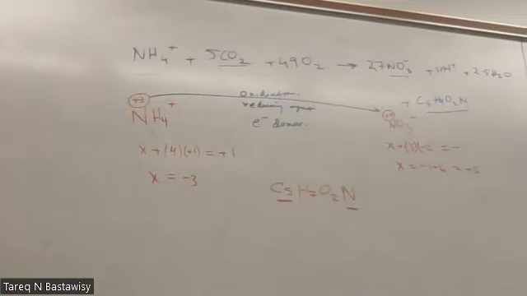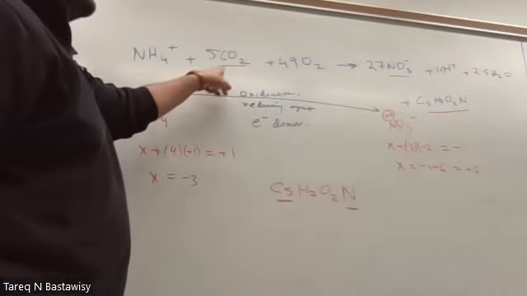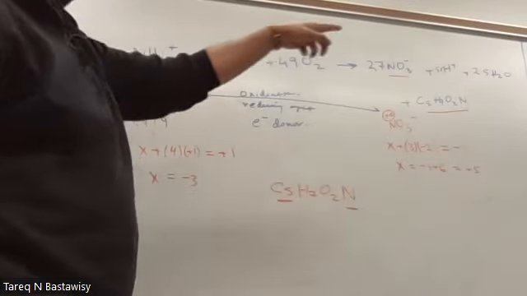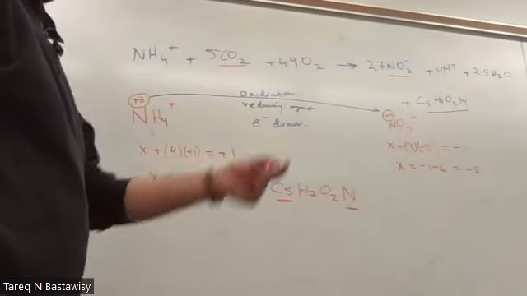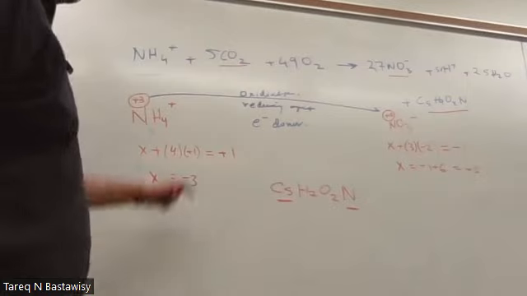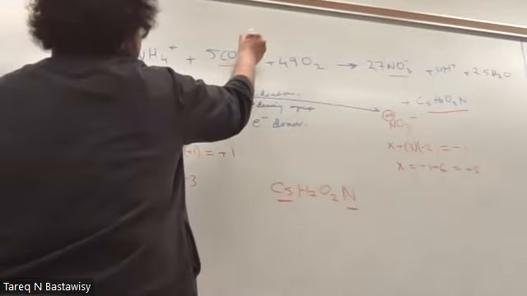Perhaps there is a way to do it based on the oxygen that is present on this carbon and the oxygen present over there in the water. That might give you an idea of the oxidation number. So the oxygen here is -4, right?